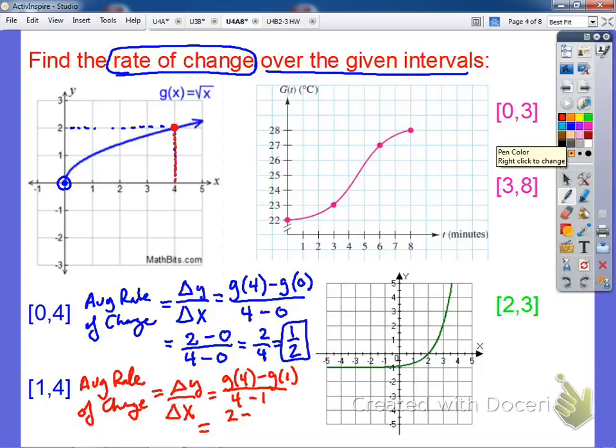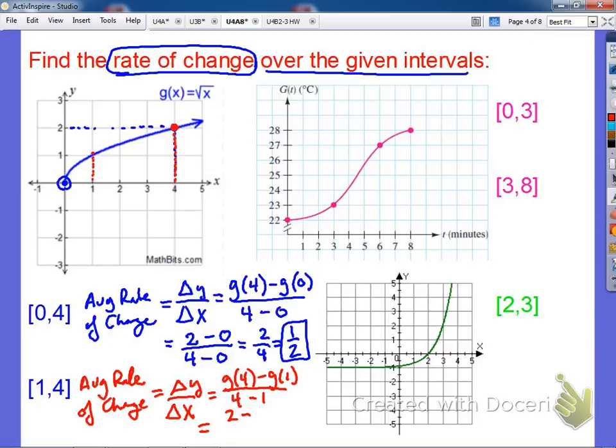Okay, so let me get back to it now. What is the y value when x is 1? 1, of course. So, 4 minus 1 here. So what is 2 minus 1? 1. What is 4 minus 1? 3. So, here you see that the slope is 1/2, and here you see the slope is 1/3 of the secant line that goes between those 2 points.